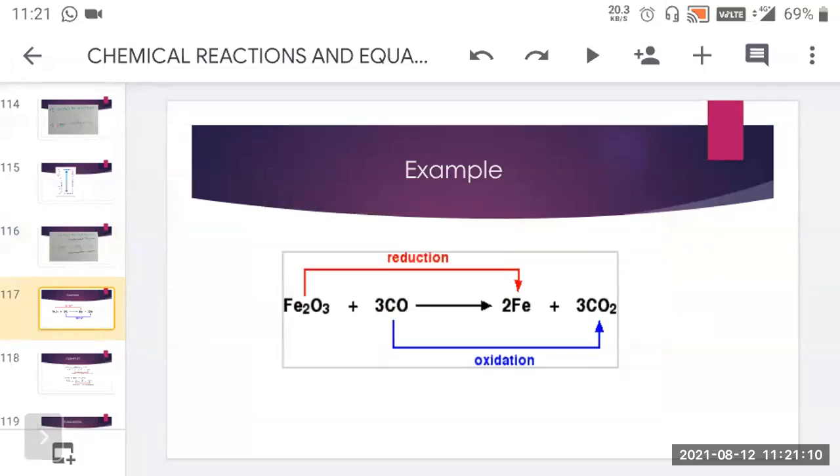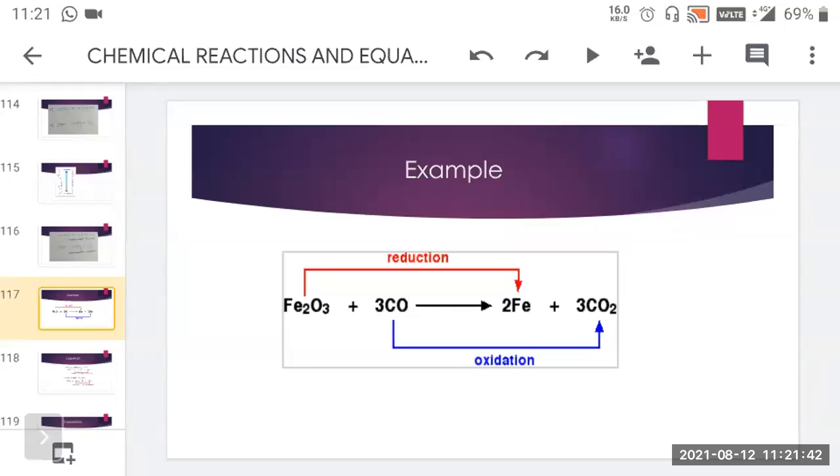Oxygen from Fe2O3 is removed and gets attached with the carbon monoxide. That means replacement is not there. Total donation is there. So whenever there is total donation or total gain of electrons, oxygen or hydrogen, that shows it is none of the reactions: combination, decomposition or displacement.